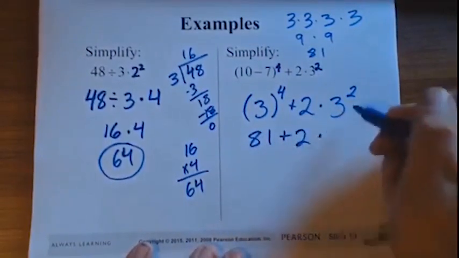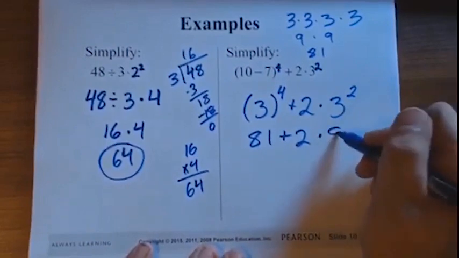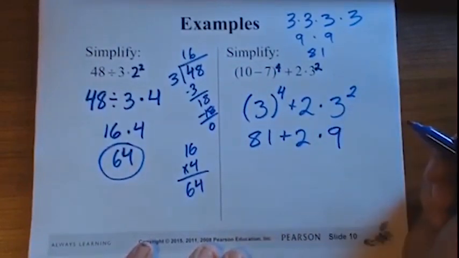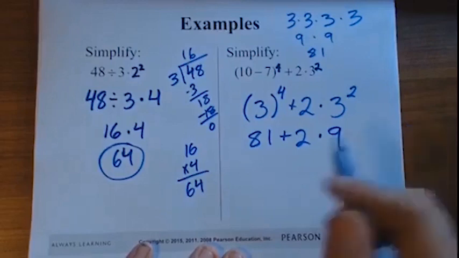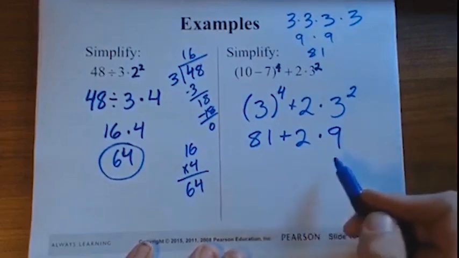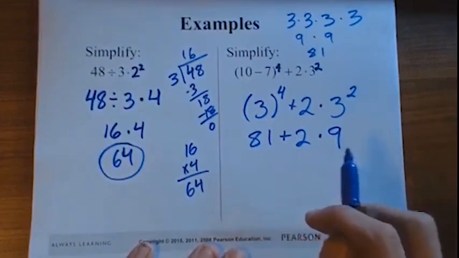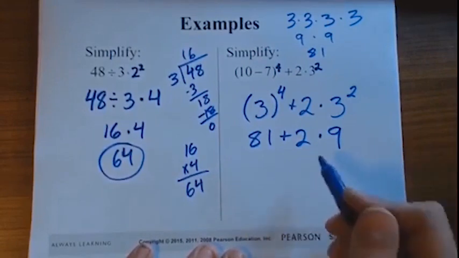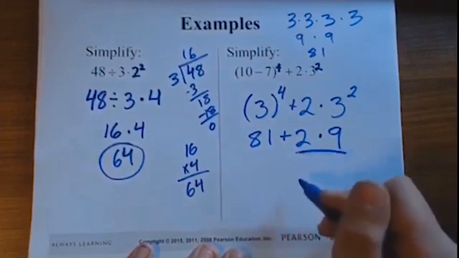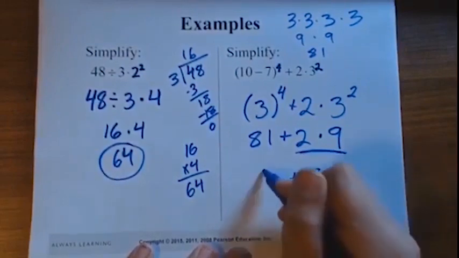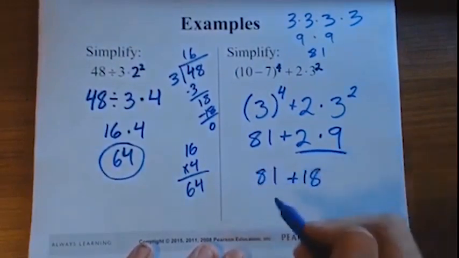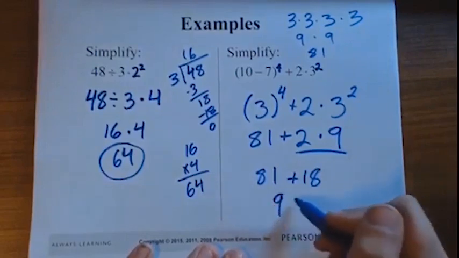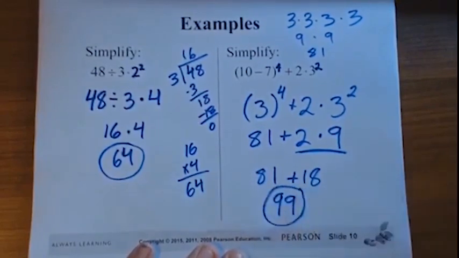Plus 2 times 3 squared, 3 squared is 3 times 3, that's 9. 81 plus 2 times 9 is not 83 times 9. We have to do multiplication first. So 2 times 9 is 18, and 81 plus 18 is 99. 99 is the correct answer.